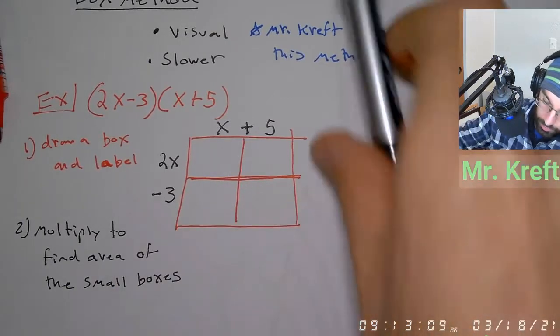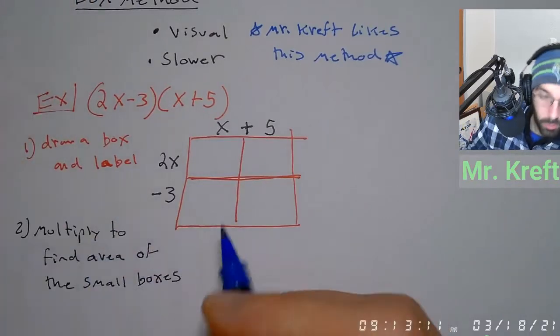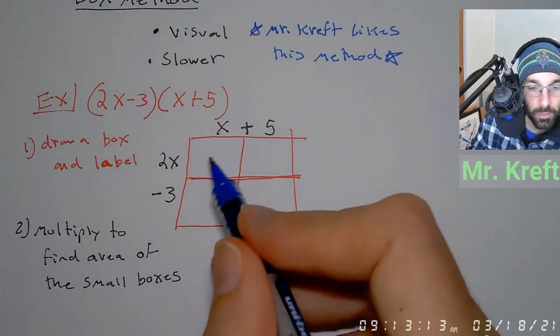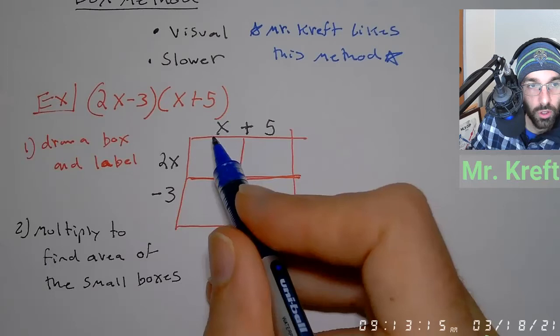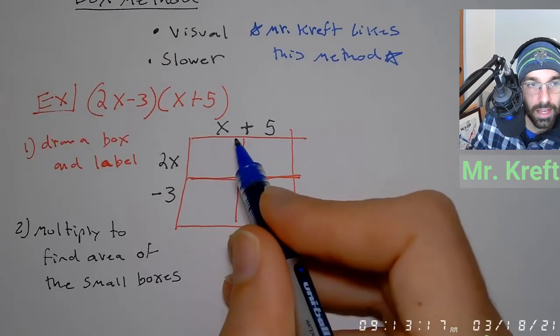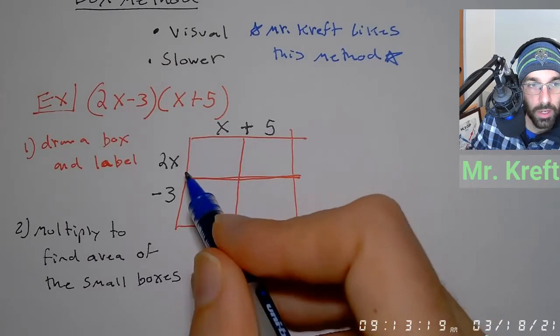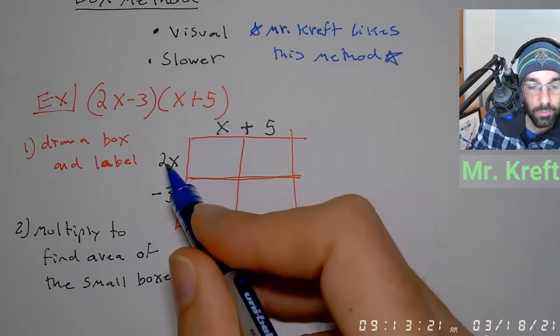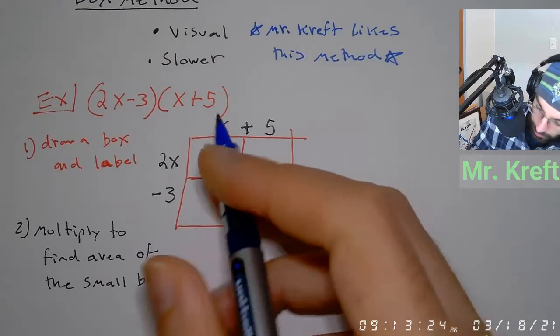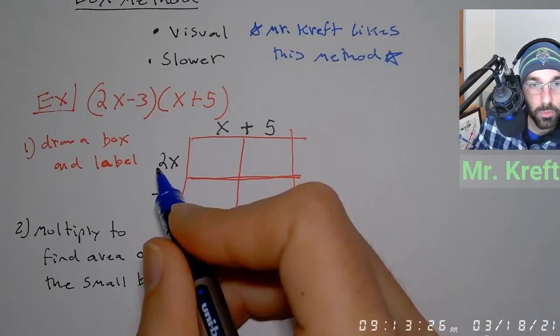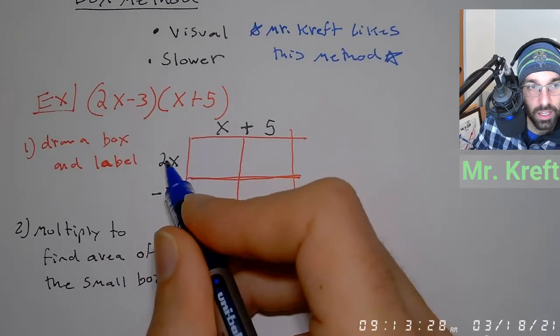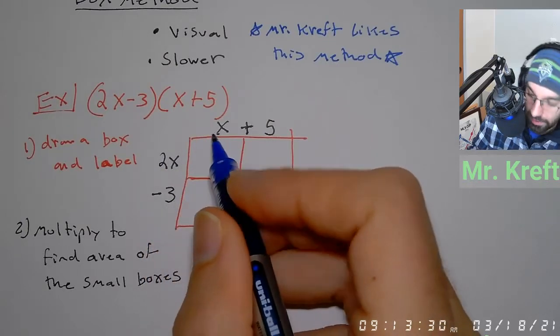To do this, we're going to start with this upper left-hand box. The top here is x, the left here is 2x. I'm going to take x times 2x. You multiply the whole numbers together, and then you multiply the letters together.